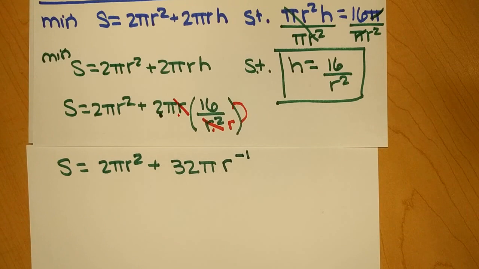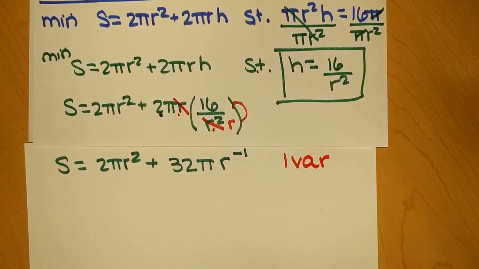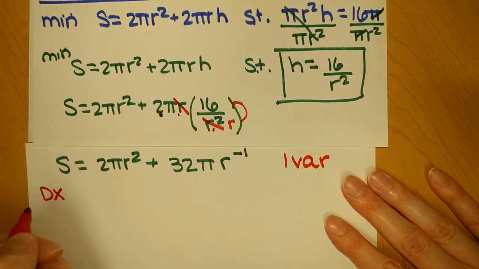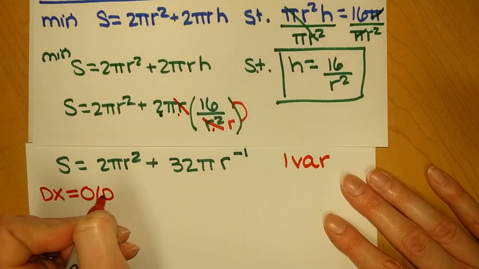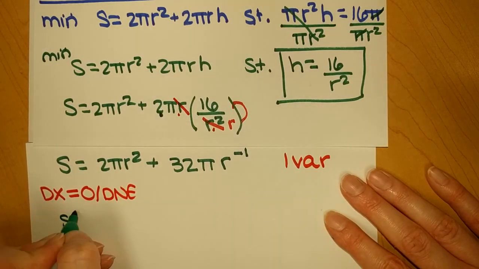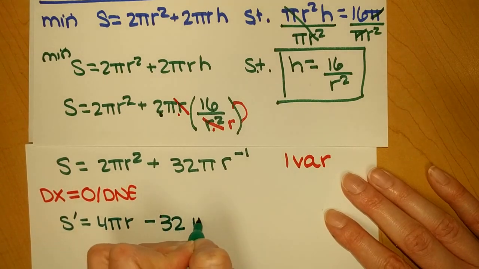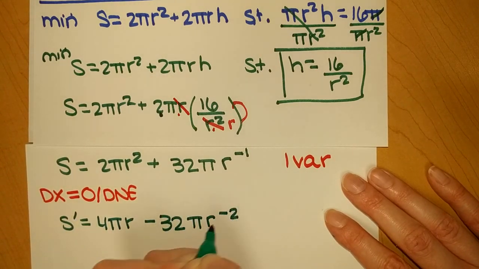All right, so now our objective function is in one variable. And as soon as your objective function is in one variable, then you are ready to take its derivative and set it equal to 0 or does not exist. All right, so I'm going to take the derivative, and I get 4 pi r minus 32 pi r to the -2.